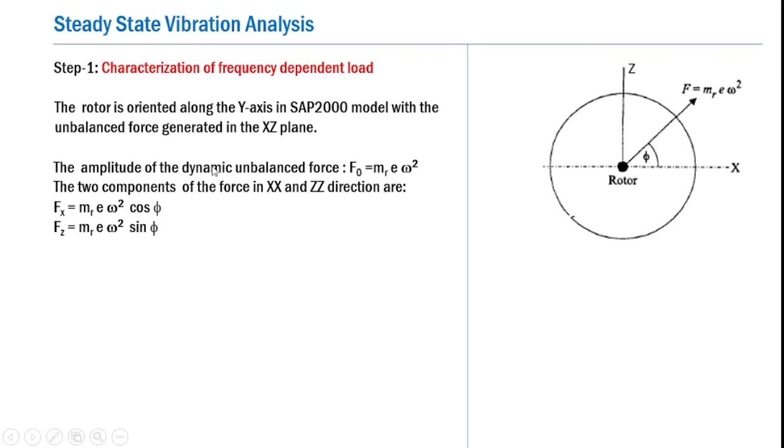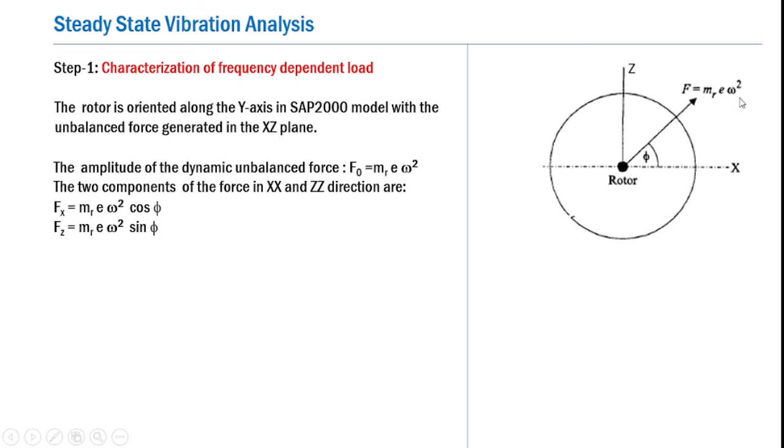And from our basic understanding of the evaluation of the unbalanced force coming out of the so-called balancing problem, F0 is equal to Mr e ω², as is already provided over here.